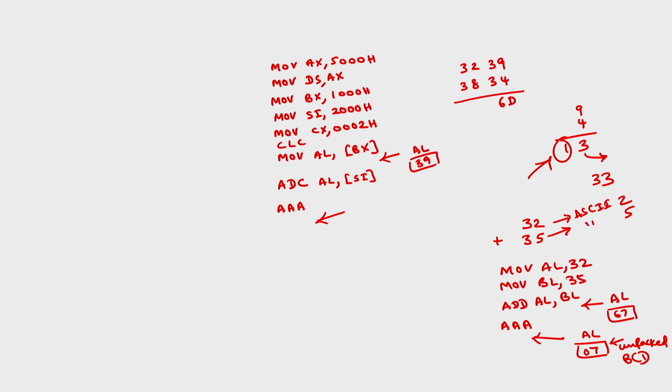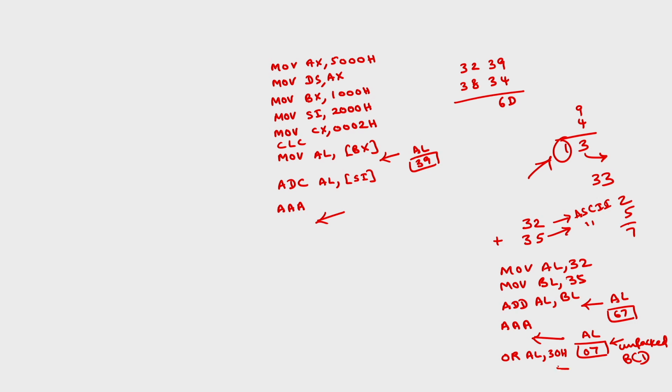If you want to get ASCII back, what you have to do is, so this is 7 ASCII. What is the code? ASCII code corresponding to 7 is 37, but here after this AAA, this will contain only 07. To get 37 back, we can add 30 or you can OR with 30H, or you can simply add also.